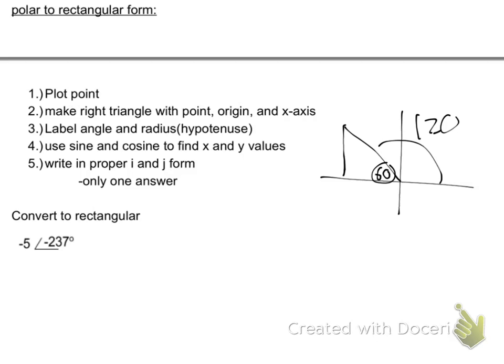So once we got our triangle labeled and the radius placed on our triangle, you now only have to use sine and cosine to find your x and y values. Because according to your angle, like in our picture here, it's 60, we have our adjacent and we have our opposite, and we should know the hypotenuse.